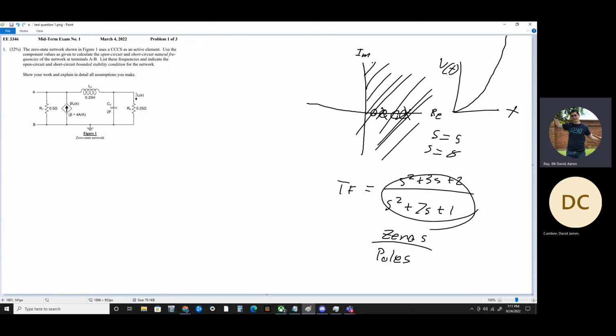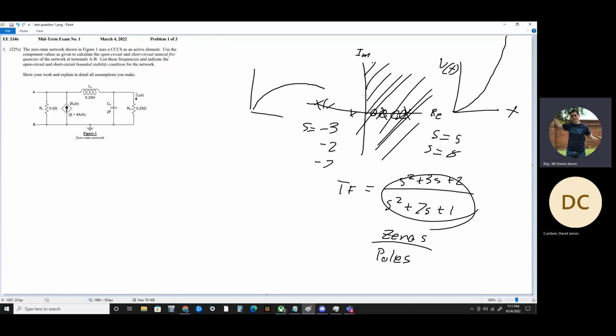Like if this is voltage. But if it's in this area over here where s equals -3 or -2 or -7, then it's going to come out to a final value.